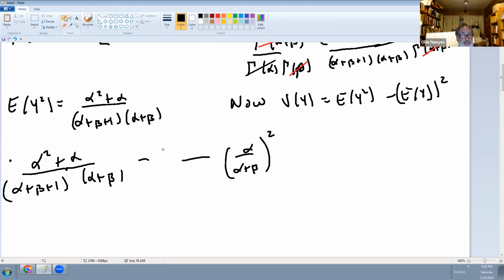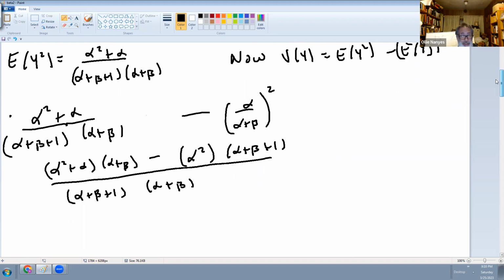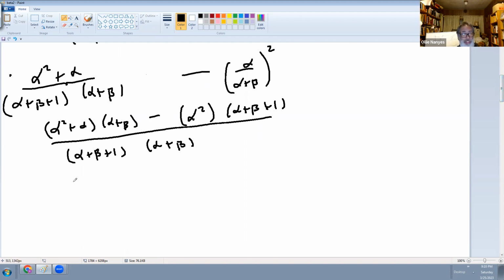So we're going to subtract this. And if we look at what we have here, it's good old common denominator. So we have alpha squared plus alpha. I need another factor of alpha plus beta to make that a square. That's an alpha squared. And I need an alpha plus beta plus 1. Now we have a nice common denominator. And what do we have here? Well, it's going to be a little bit of a grind algebra-wise.